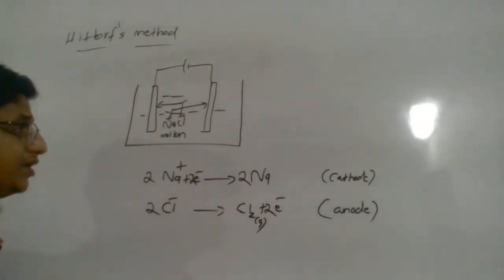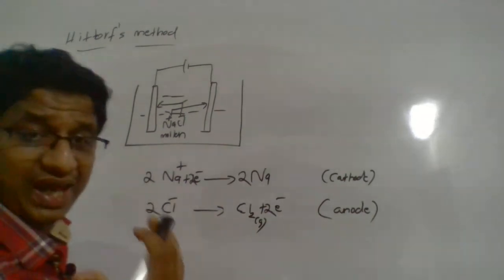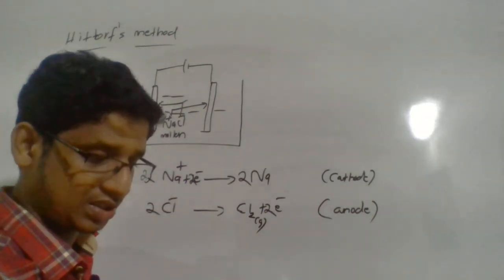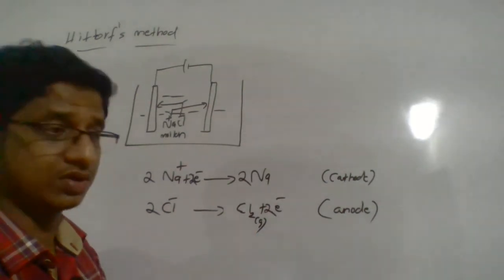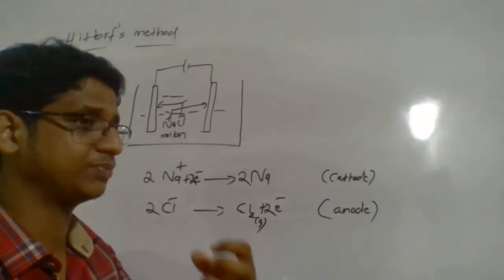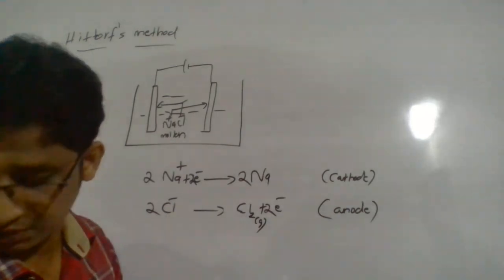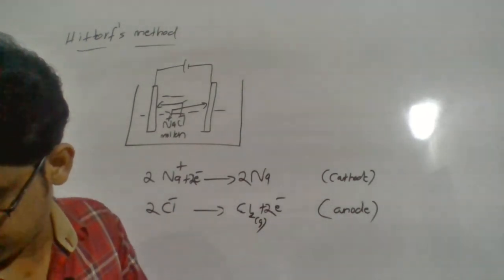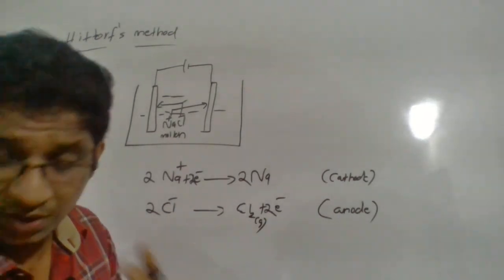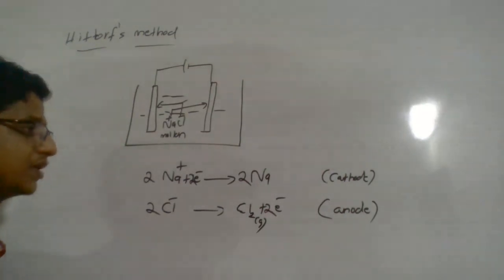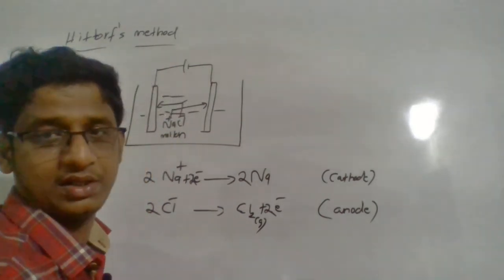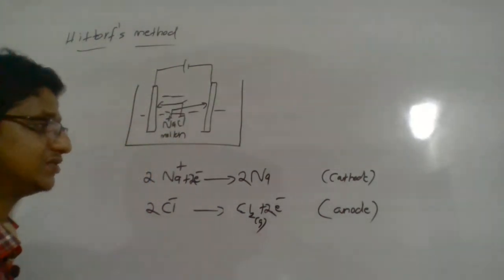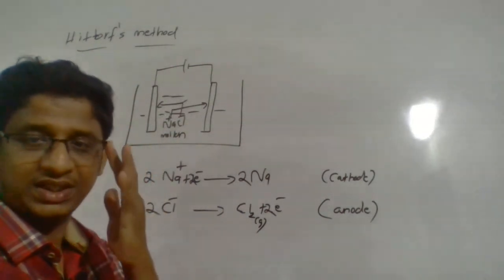So the first point related to Hittorf's method: the amount of cations and anions discharged, or the amount of substance produced, will be proportional, and an equivalent amount will be produced irrespective of their speed. Maybe the Na+ ion and Cl- ion move with different speeds. That's possible.